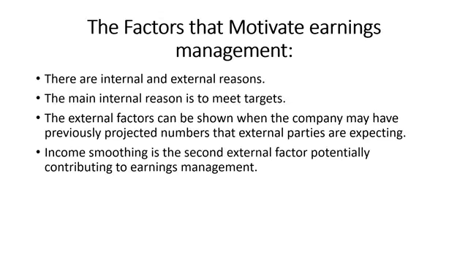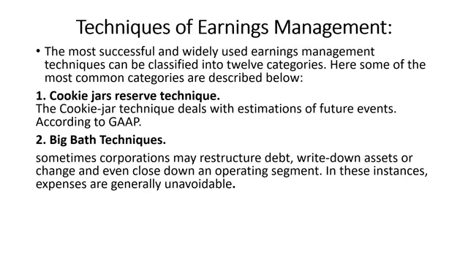So this is considered an external factor. Also, income smoothing is the second external factor of earnings management, and we talked in detail about income smoothing. Okay, so what about the techniques of earnings management?